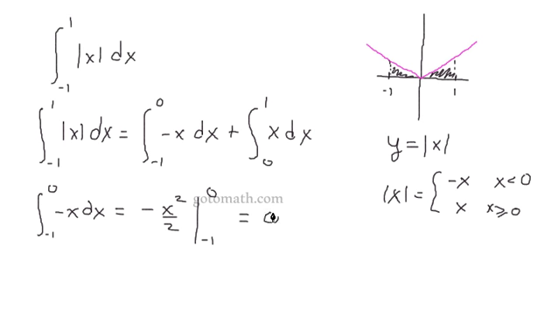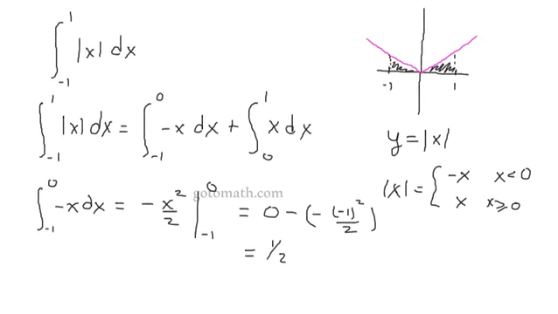We end up with just 0, because plugging 0 in for x, you get 0, minus, make sure you start a parenthesis here now, plugging in -1, -1 squared over 2. And this becomes 1/2. This is a half, makes it negative, and positive, so that becomes a half.